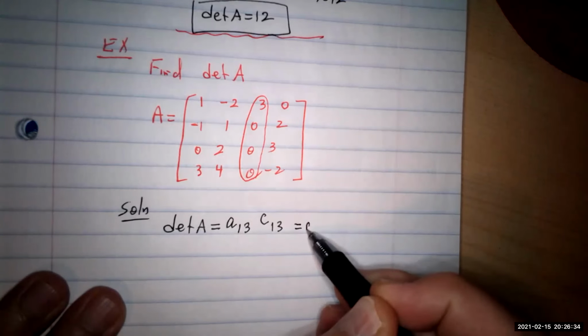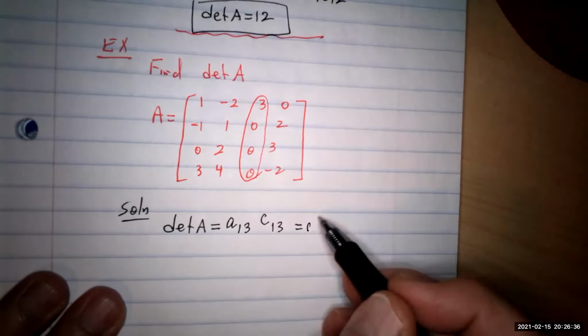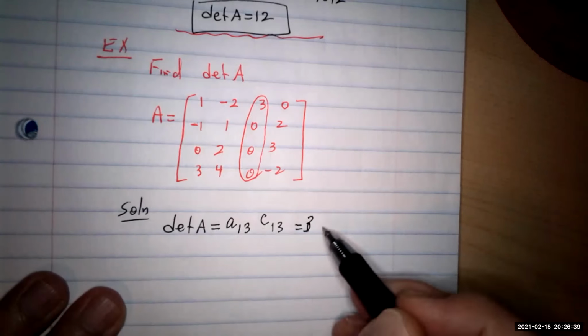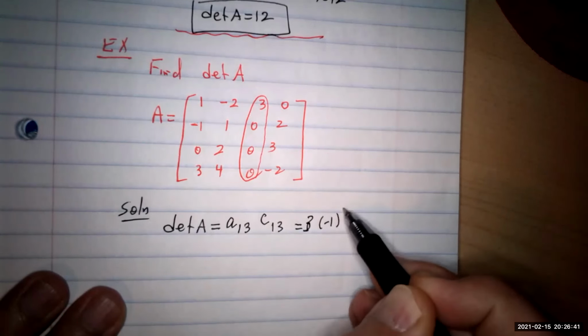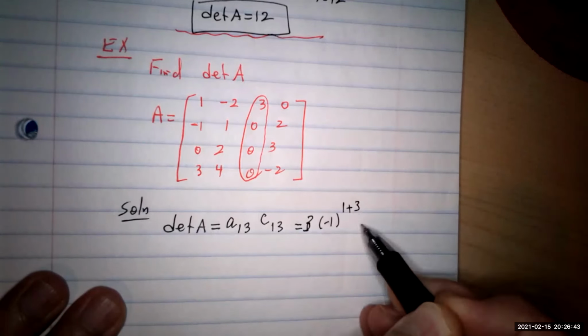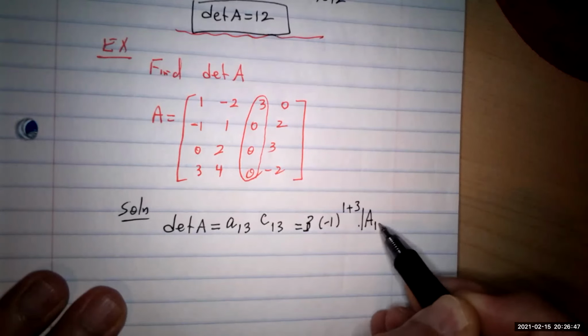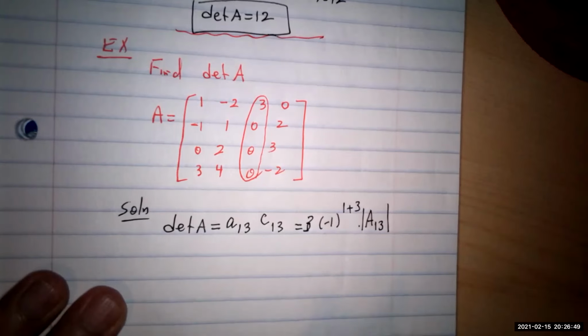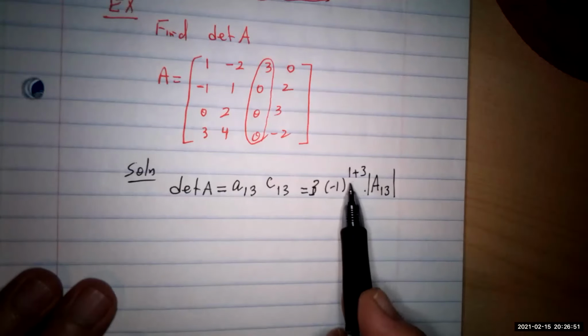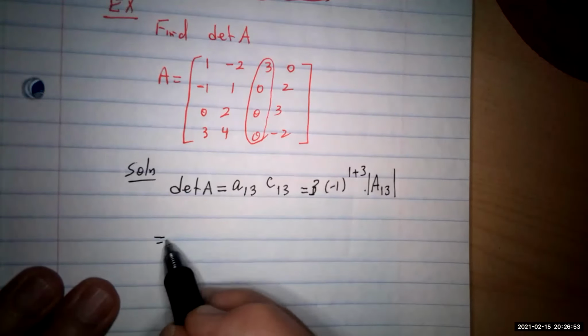So this is going to be A13, which is equal to 3. Your cofactor would be negative 1 to the 1 plus 3, and the minor, which is going to be the determinant of the matrix of A13. Negative 1 to the 4th would be positive, so that gives 3 only.